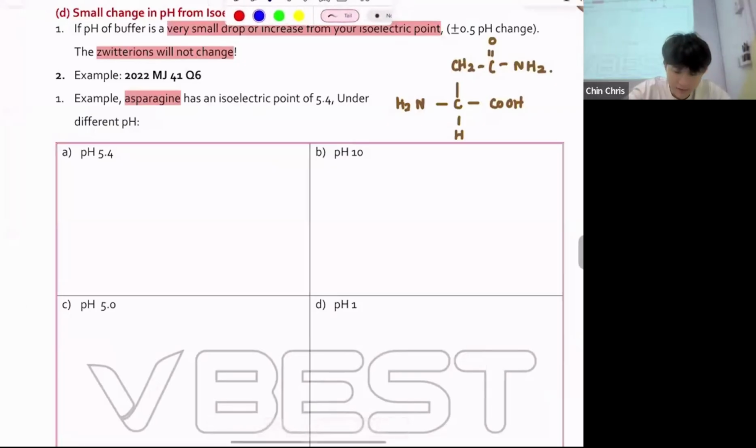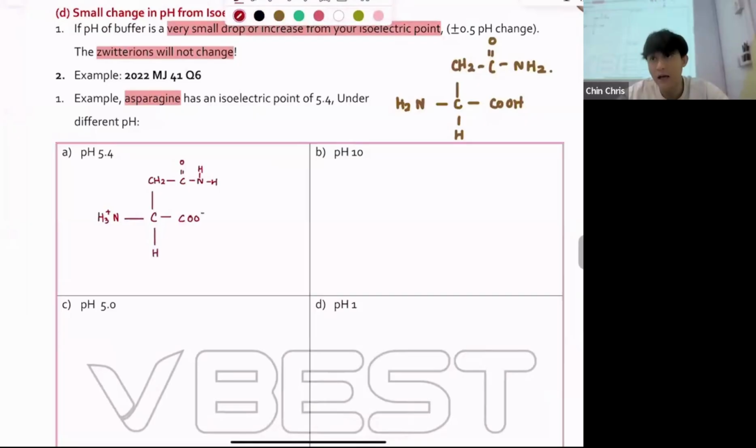All right, guys. So at isoelectric point, you get a formation of a Zwitterion, which is a COO minus with a NH3 plus, with a CH2, C double bond O, and NH2 like that.